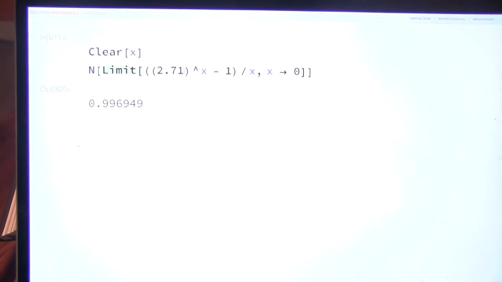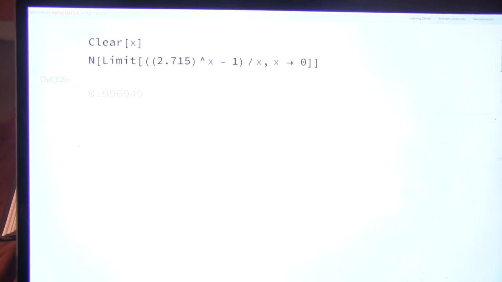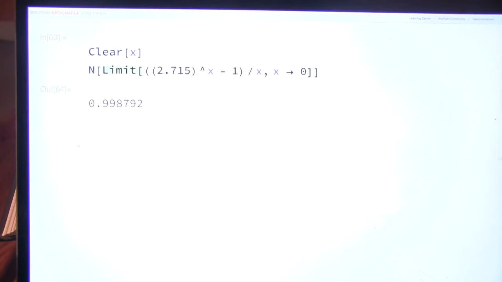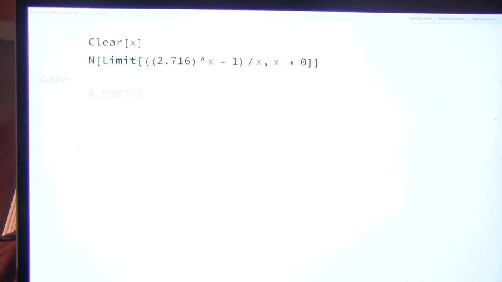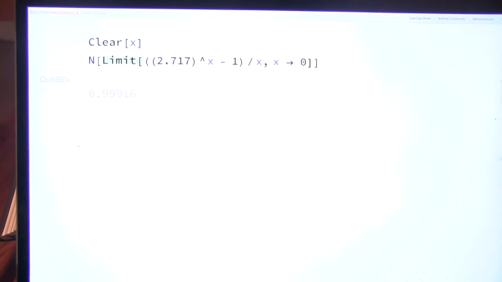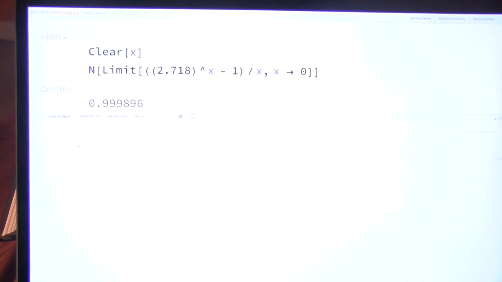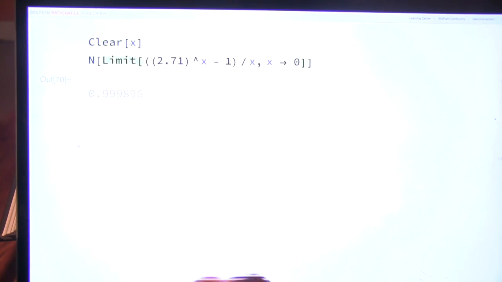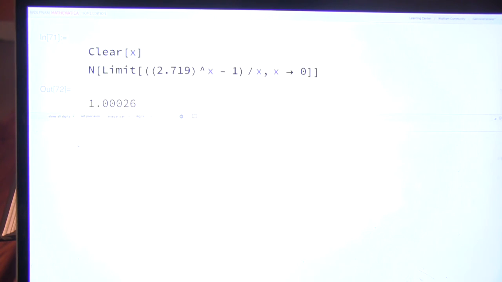Now we're a bit under. 2.715. 2.716. 2.717. 2.718. And then that's where we go over.